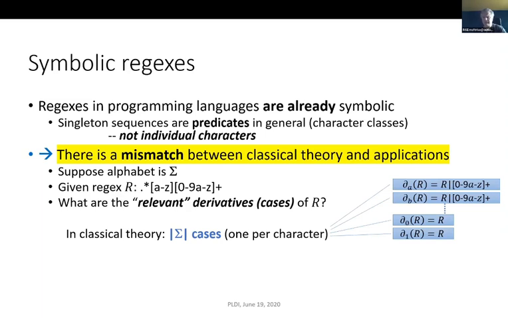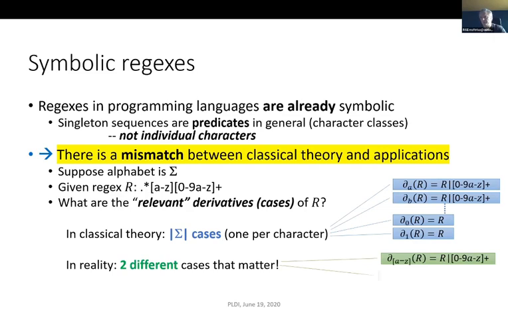But in reality, there are really only two cases that you care about. Namely, if you start analyzing this regex or taking a derivative, making a step in this regex, you have two cases. Either you start with a lowercase letter, or you start with something that is not a lowercase letter.